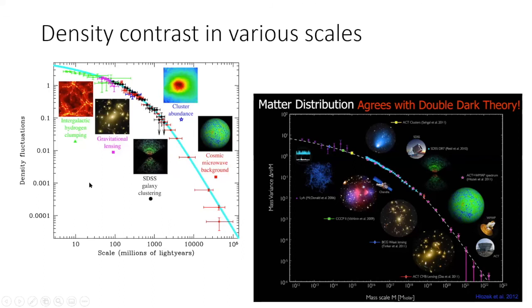And this is a similar graph, but the horizontal scale gives a different parameter, though it tells you about the same thing. It tells you about the scale, the size in space.